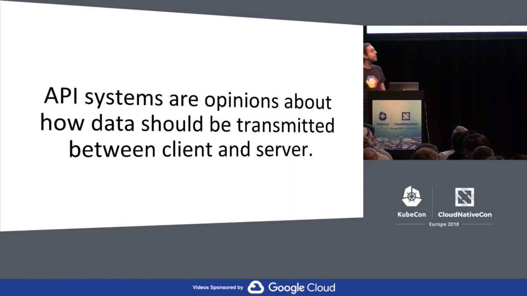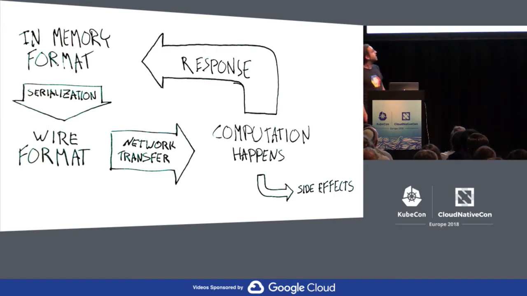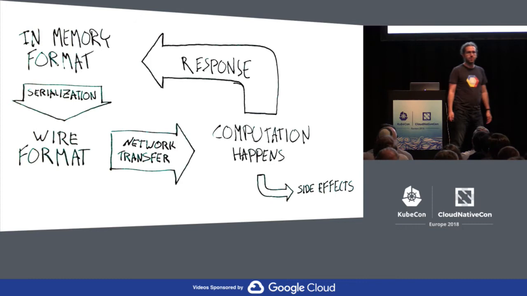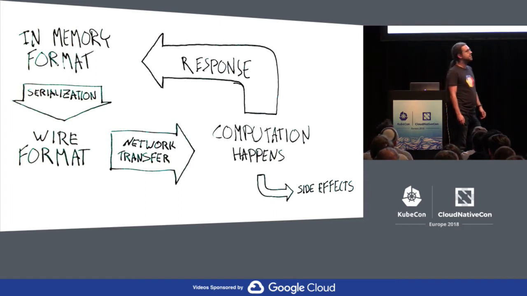Let's talk a little bit more about what API systems do. They're basically opinions, very strong opinions about how you get stuff between clients and servers. So I have a little diagram here of the rough flow. You start with some in-memory stuff, you do some manipulation to it, and end up with something you can send over a network. The server does some computation.